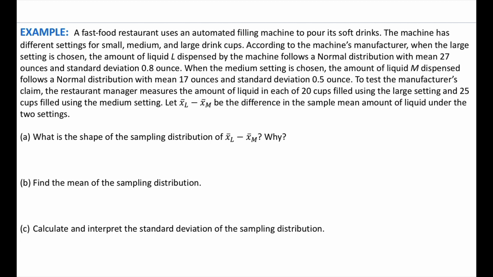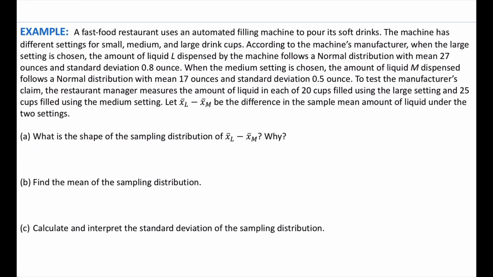To test the manufacturer's claim, the restaurant manager measures the amount of liquid in each of 20 cups filled using the large setting and 25 cups filled using the medium setting. Let x bar L minus x bar M be the difference in the sample mean amount of liquid under the two settings. What is the shape of the sampling distribution for x bar L minus x bar M, and why is it so?